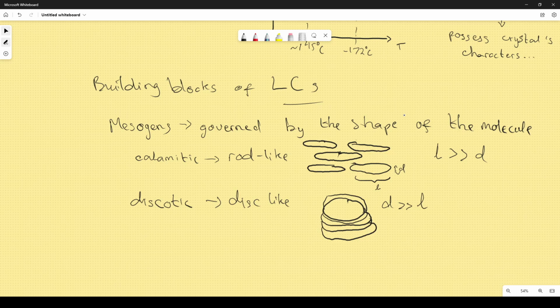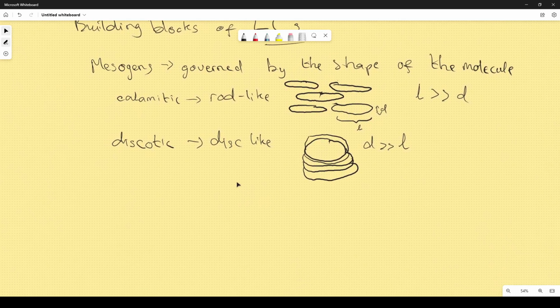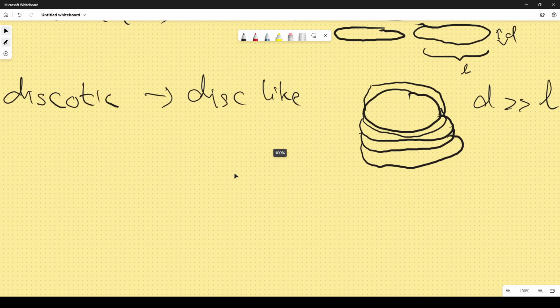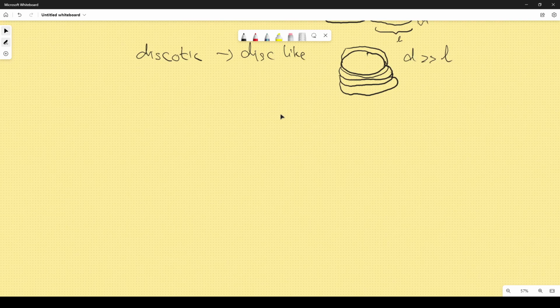Right, so this is the simple explanation of the building blocks of liquid crystals. But okay, the next question is where do we usually find liquid crystals? Well, we actually do have them in our bodies.